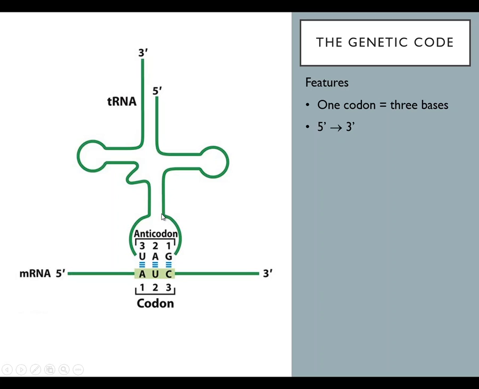So the anticodon, which is the part of the transfer RNA that recognizes the codon, binds to the codon, and so the first codon will be at the 5' end, the last codon will be closer to the 3' end.